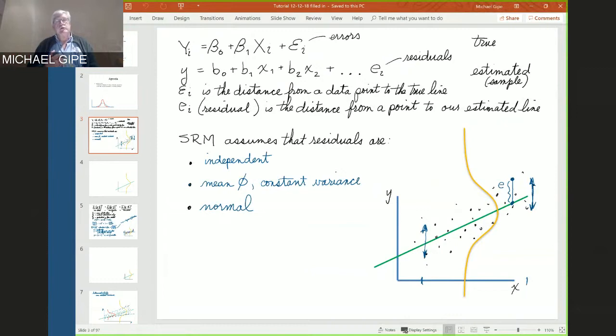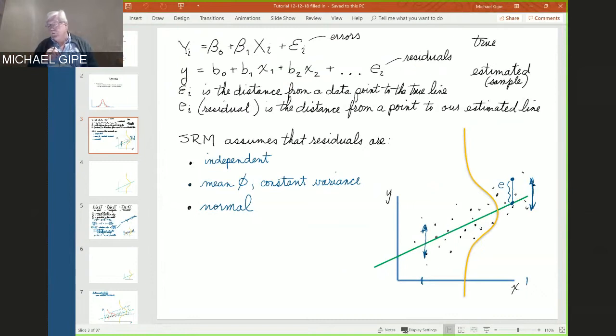What does constant variance mean? It means that for any value of x, the variance or spread of those residuals is the same at any point. Obviously, you don't have precise data points.